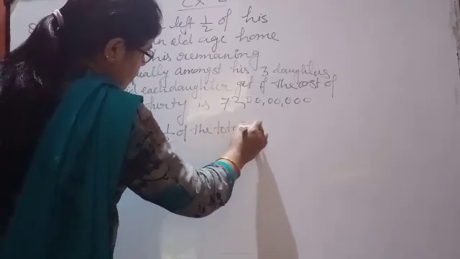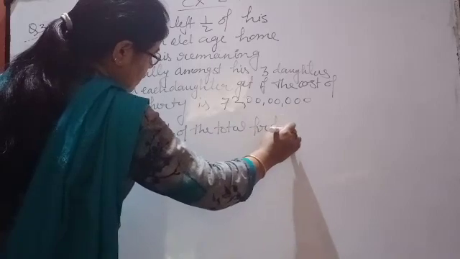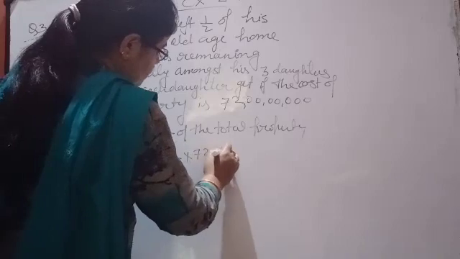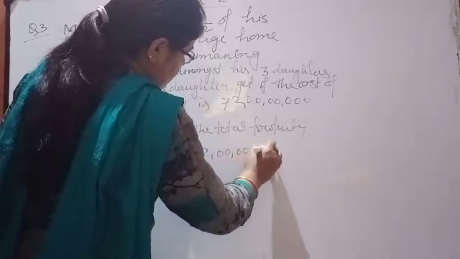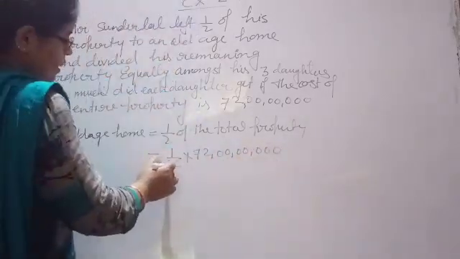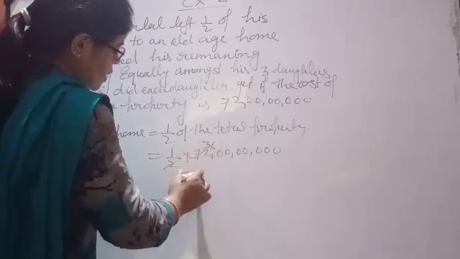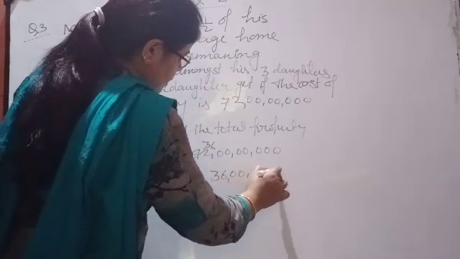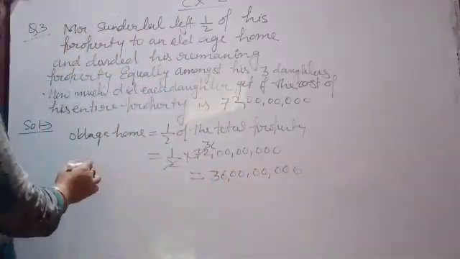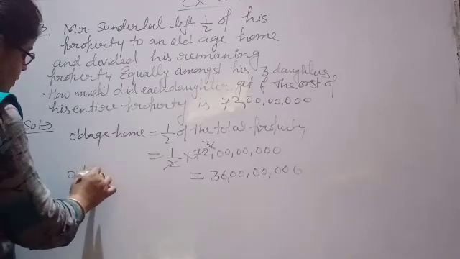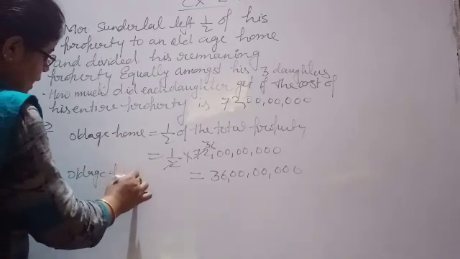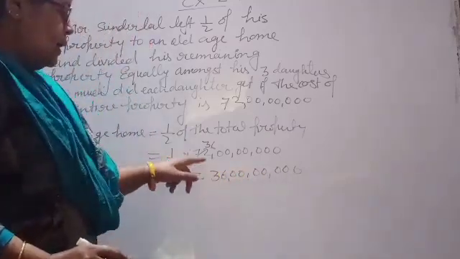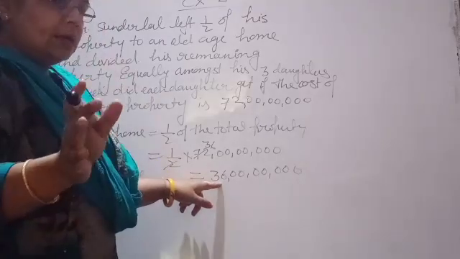It means 1/2 into 72 crore, so it will be 36 crore. 36 crore will be given to the old age home, and the other half of the property will be left with him.